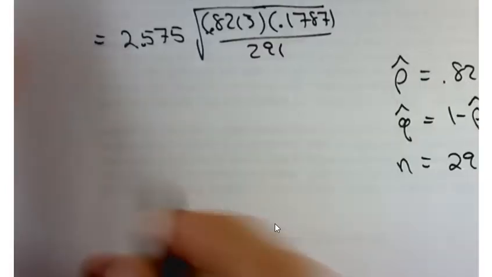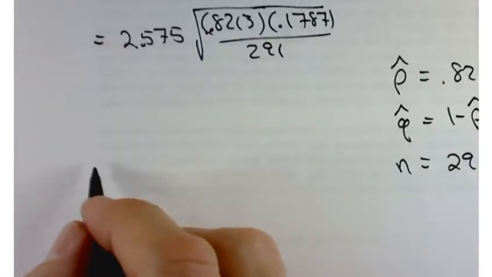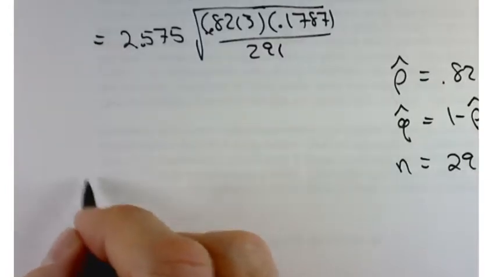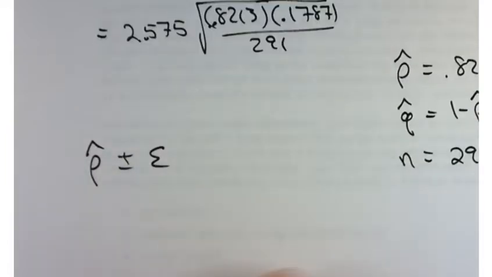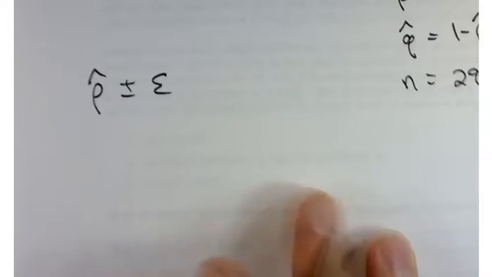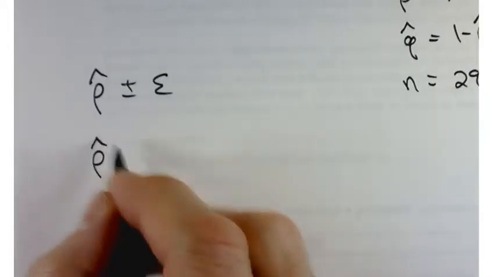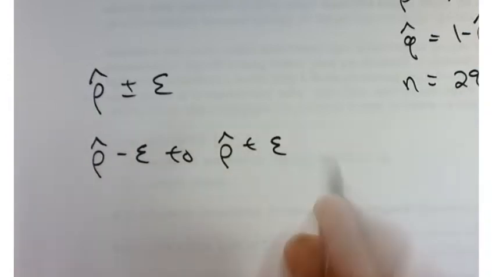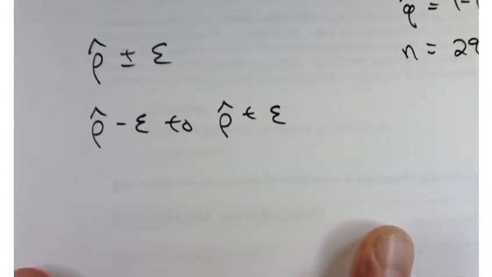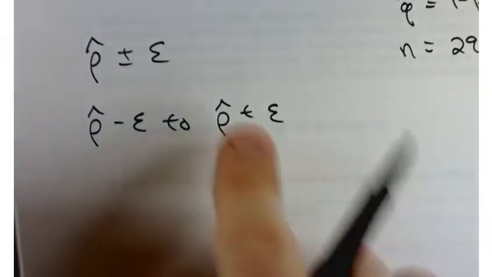Now, to construct my confidence interval, I want p hat plus or minus E. Or better yet, p hat minus E to p hat plus E. That's going to be my confidence interval. Well, I've got E stored here.